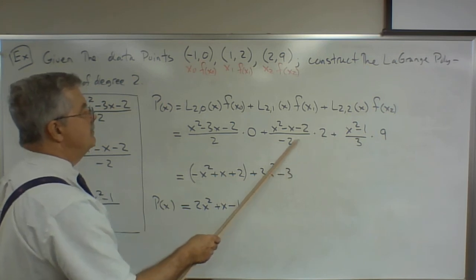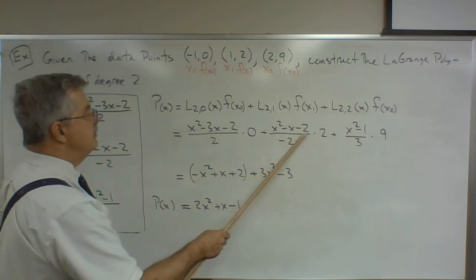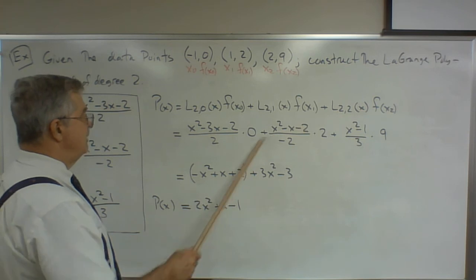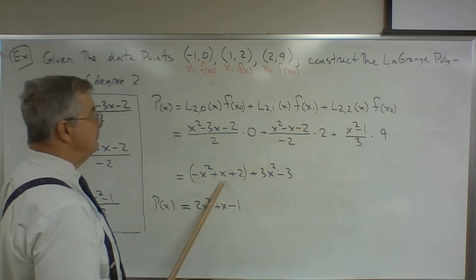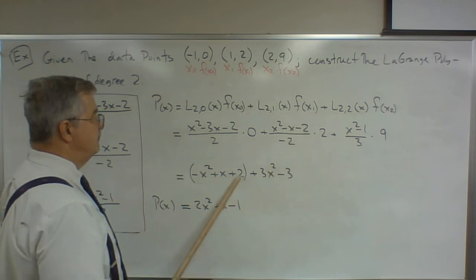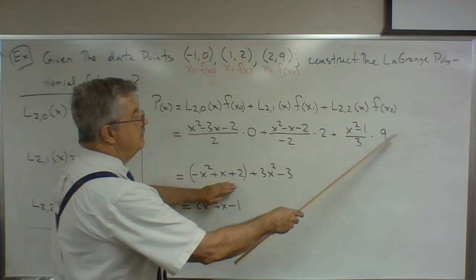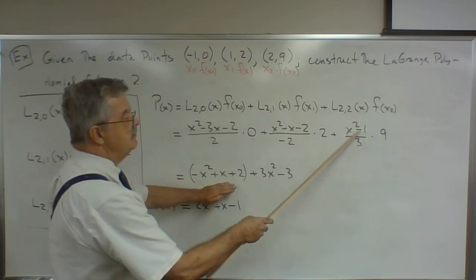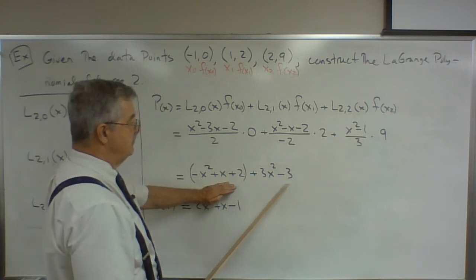Negative 2 times 2 is negative 1, so negative 1 times the numerator, negative x squared minus a negative x is plus x, minus a negative 2 is plus 2. And then we have 9 divided by 3 is 3, so it's 3 times this numerator, 3x squared minus 3.